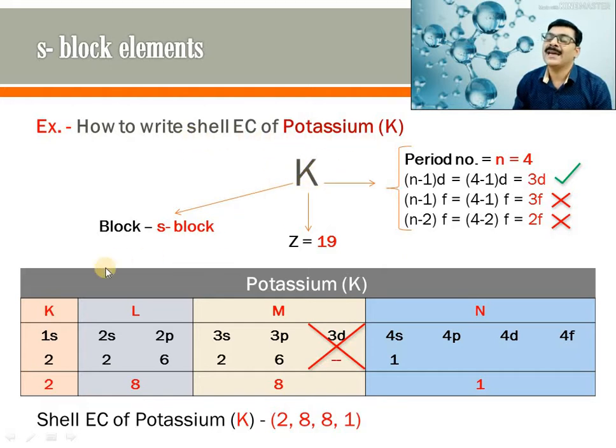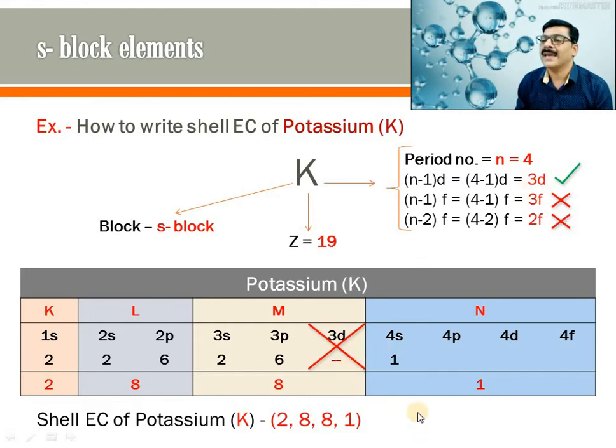Now then here I have to mention all shells, that is K shell is the first, then L, M and then N. K shell contains 1s orbital, L shell contains 2s and 2p, M shell contains 3s, 3p and 3d, but here 3d you have to ignore.